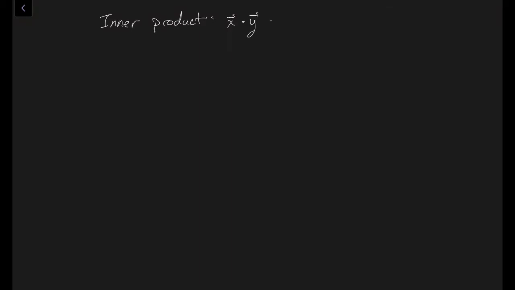There are also other things that we can put on this space. For instance, we can have the inner product, or what's also sometimes called the scalar product or dot product. All we do is we multiply the first coordinates of our two vectors, and then our second coordinates and our third coordinates and so on, and then we add them all together.